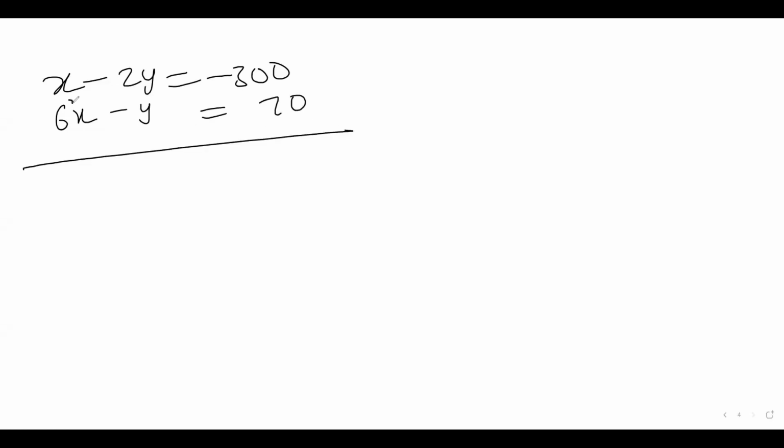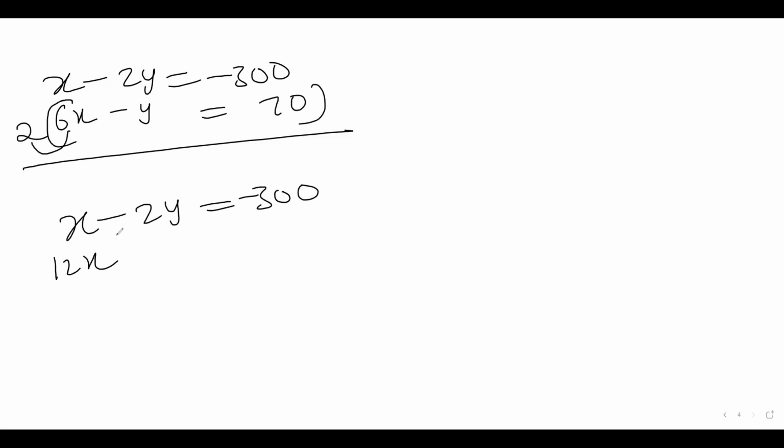I would like to multiply the second equation with 2. First equation as it is. 2 sixes are 12x. 2 into minus y, minus 2y. 2 sevens are 140.